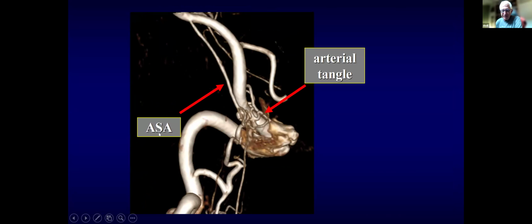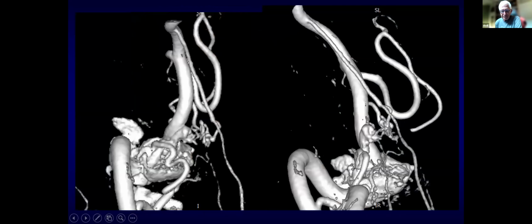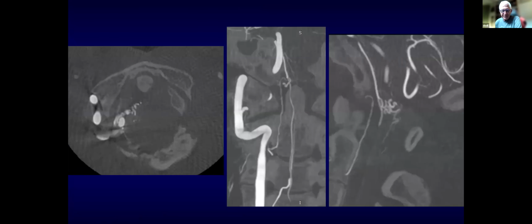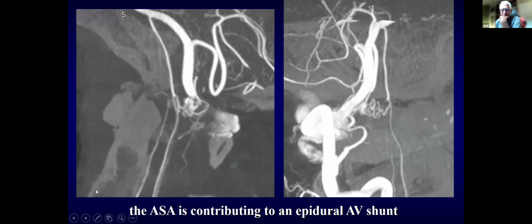So anterior spinal artery and some little vessels in a network to the fistula. Same thing here. These are the MIP images. So the anterior spinal artery is contributing to an epidural AV shunt.